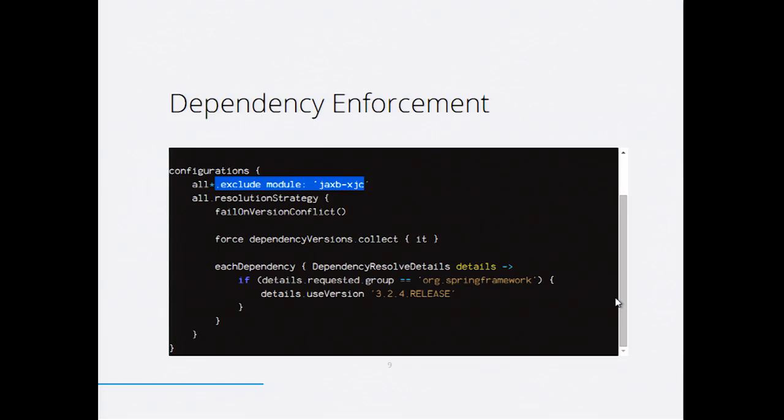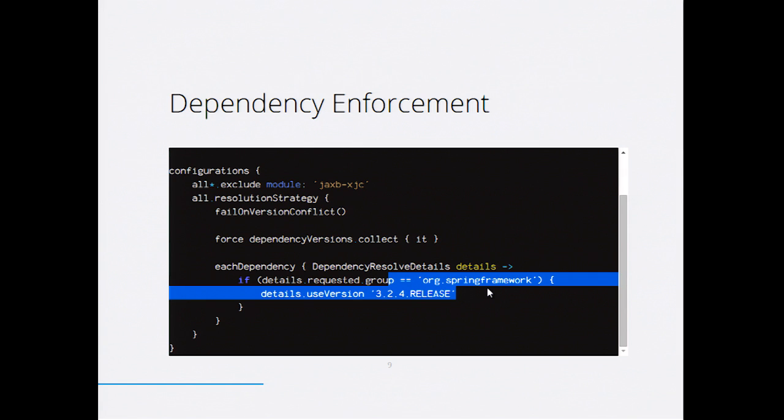And another convenient example for globally using a dependency based on the group name: you can say, I want to use the Spring framework in that version. So if you declare your dependencies, you don't have to declare the version, because here you can just override it or set it.